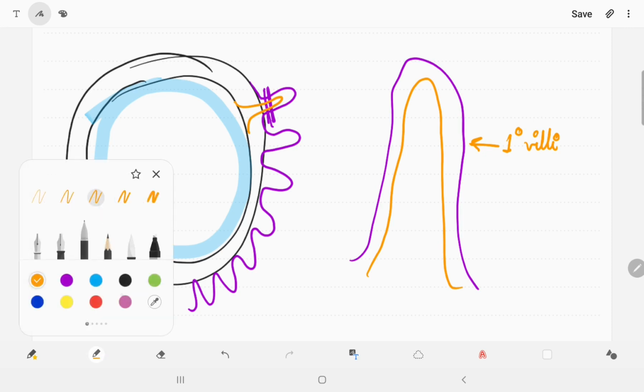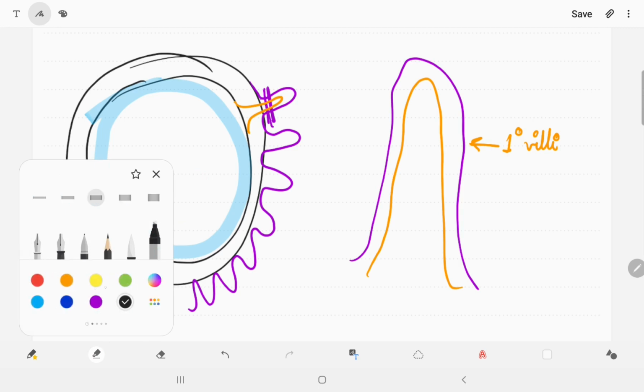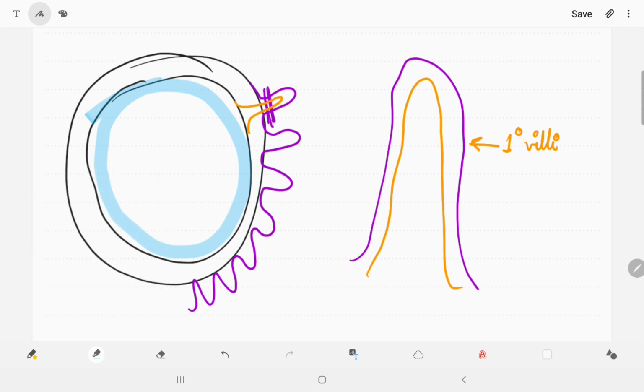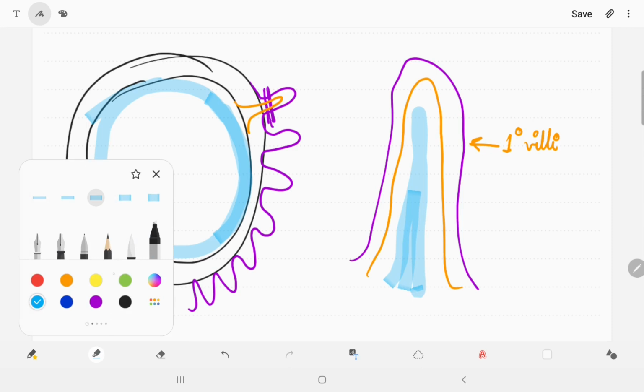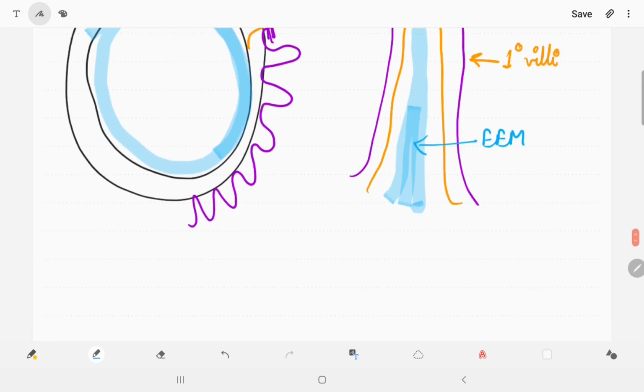Now what I'll do is, I'll make this extraembryonic mesoderm, the one which I've drawn in blue, also go inside, right? This is the extraembryonic mesoderm which has gone inside. Now when the extraembryonic mesoderm goes inside this primary villus structure, I will call it secondary villi.